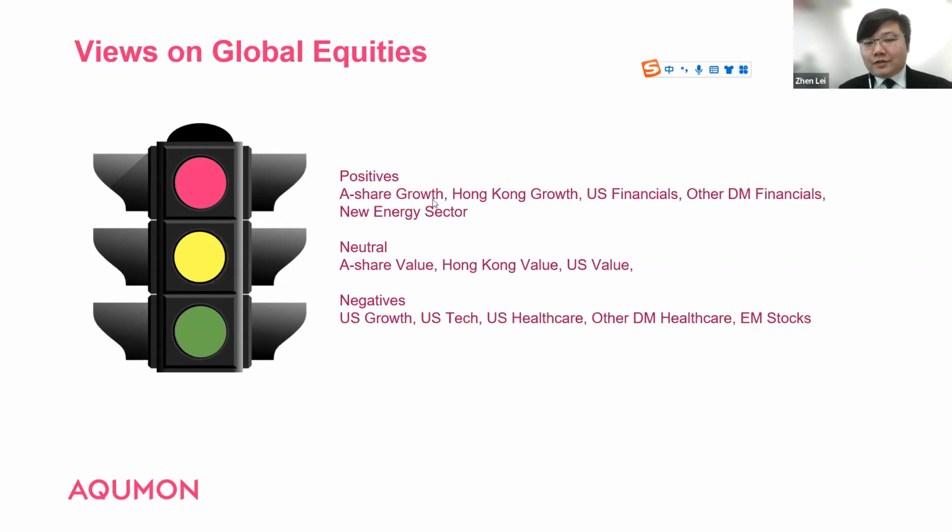So growth assets are quite important and can be distinguished from the other assets. We also hold positive views for the US financials and other DM financials because interest rate hikes can generate more revenues for these sectors. And we also hold positive views on the new energy sector. For the neutral part, we hold neutral views for Asia value, Hong Kong value, and the US value.